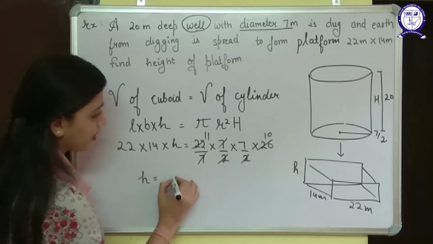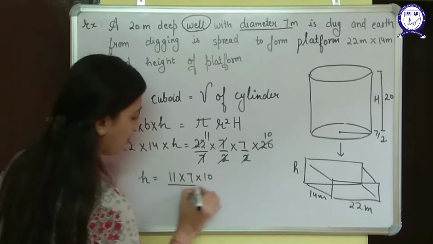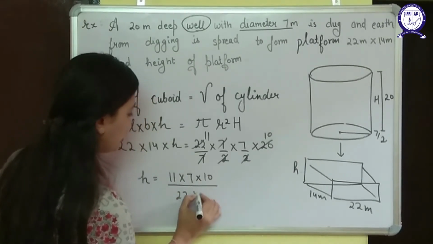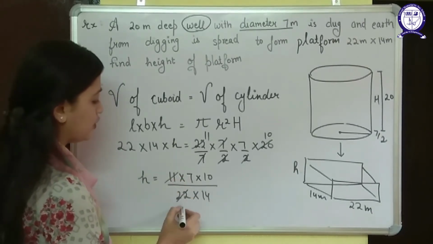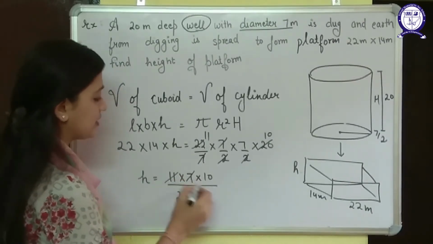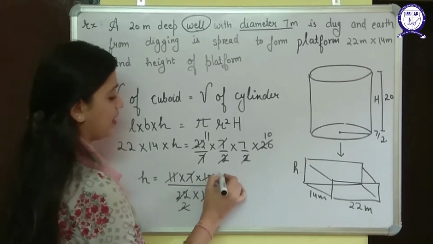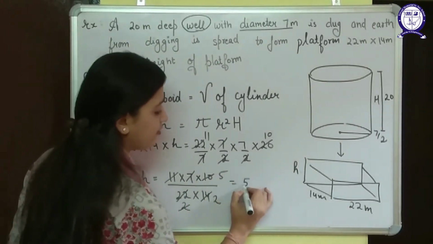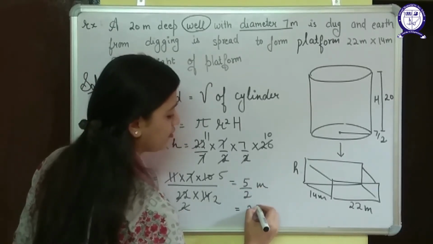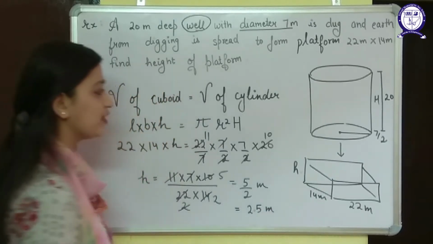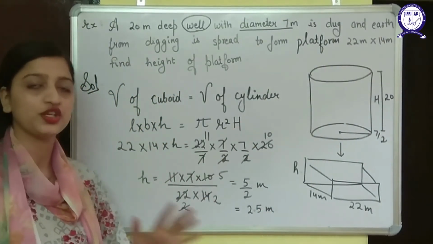H will be 11 into 7 into 10 upon 22 into 14. Okay, so 11 and 22 at 2, this 7 and 14 at 2. Again 2 at 10 at 5. So my height is 5 upon 2 meters. That is 2.5 meters.